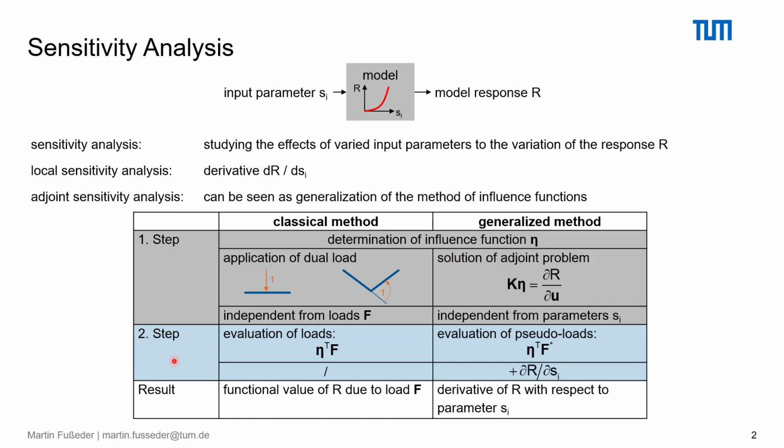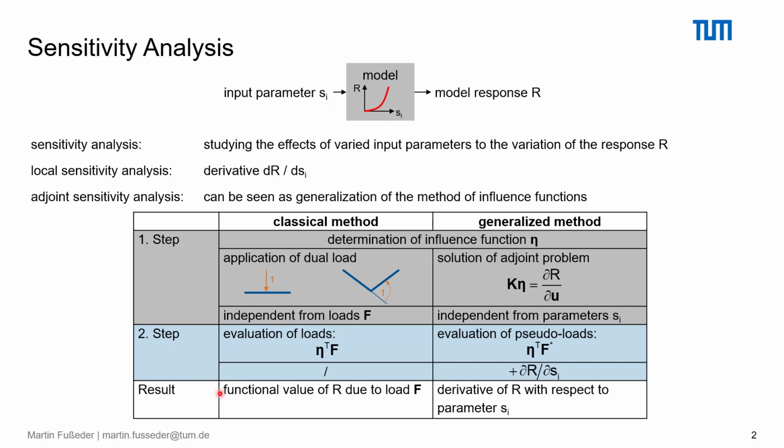In the second step, in the classical method, physical loads F are evaluated on the influence function eta, whereas in the generalized approach, some parameter-dependent pseudo-loads F star are evaluated on the influence function. The only formal difference between the two methods is this derivative here, the dR/dSi, but in a lot of practical situations, this derivative vanishes.